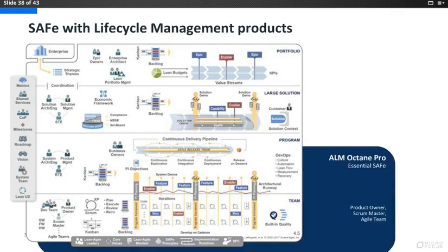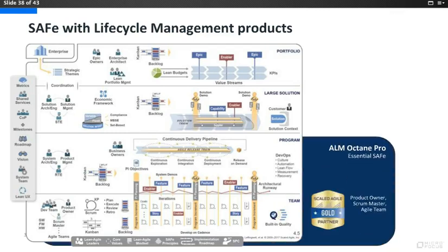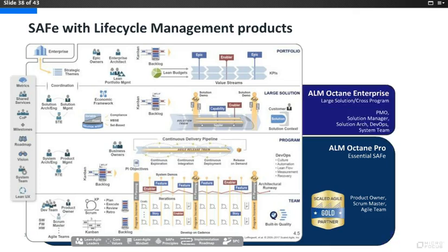In terms of the alignment to SAFe, ALM Octane Pro is pretty much aligned with the program level, with SAFe Essentials that was declared in SAFe 4.5. As you go into the large solution level and you manage large solutions, you would probably need ALM Octane Enterprise that will allow you to manage those large epics or features or capabilities that span across programs.